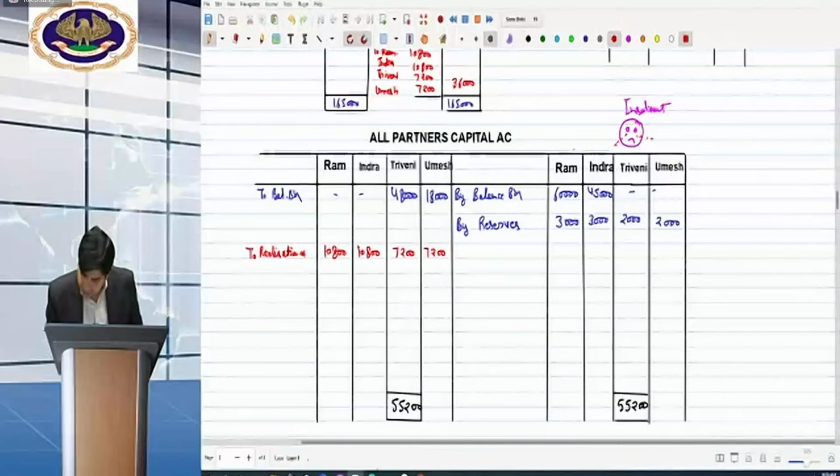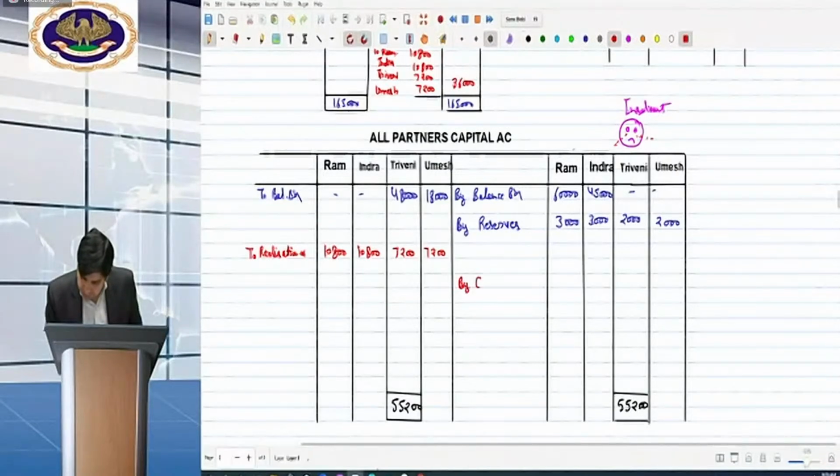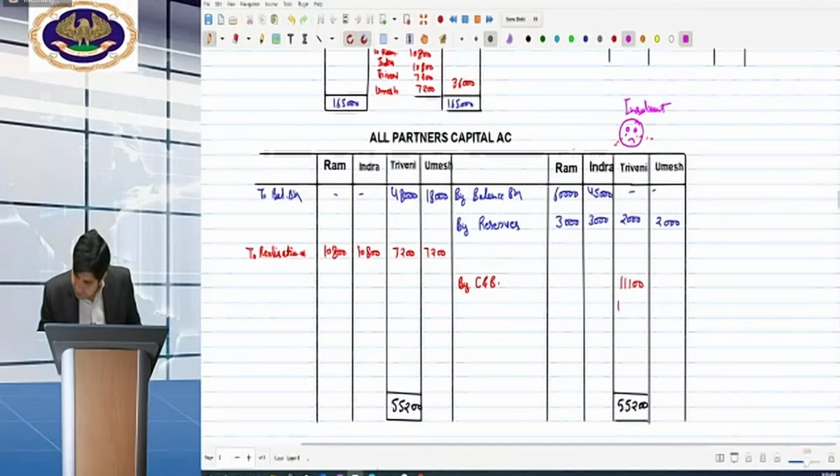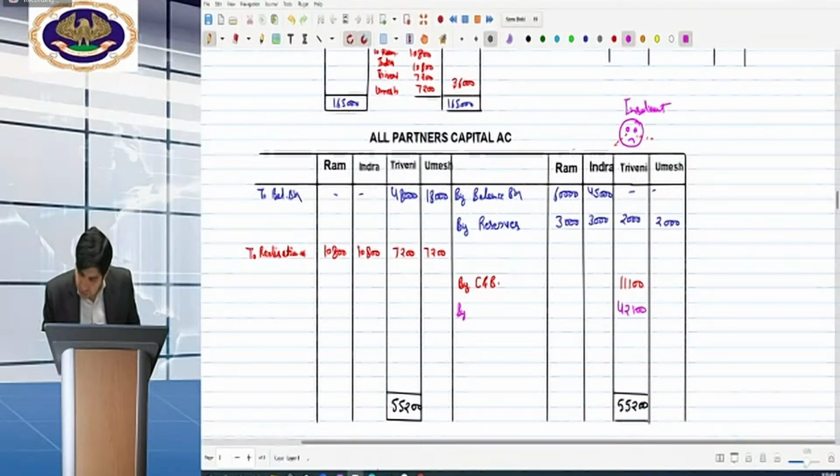So by cash and bank, we have received because of realization 11,100. Yes, visible. Rest is the loss. 55,200 minus 11,100 minus 2,000. That is 42,100, the loss of insolvency.